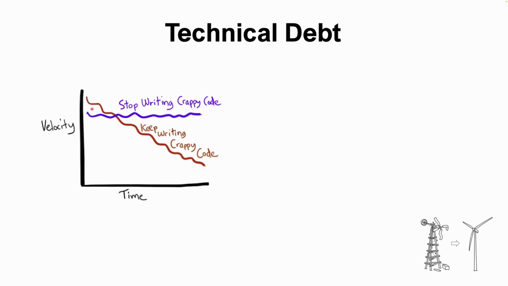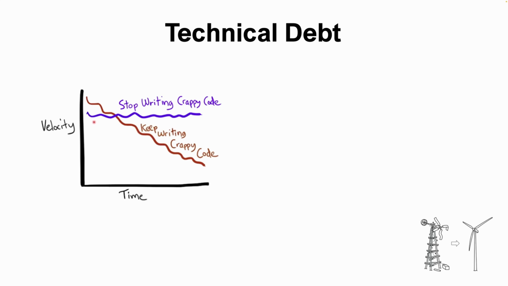We can see if we continue to have dirty code, crappy code, the velocity will go down. And this means that we will produce less code as the time passes by, and it will be more and more difficult to maintain it and also to refactor it.